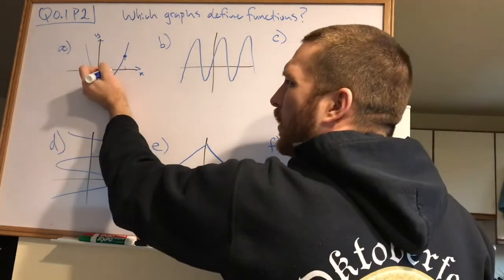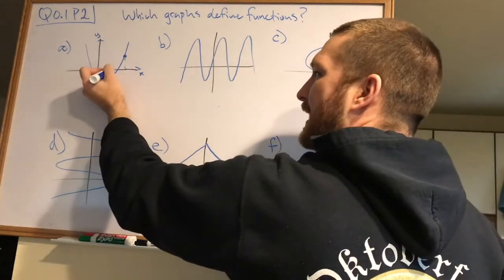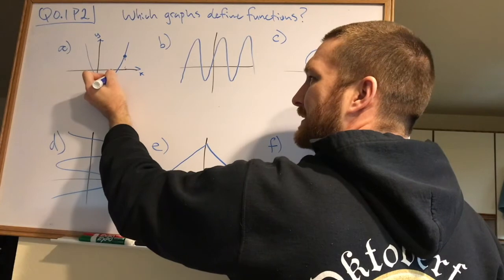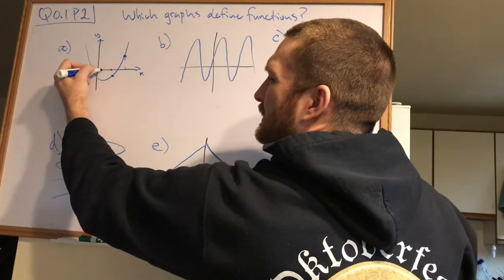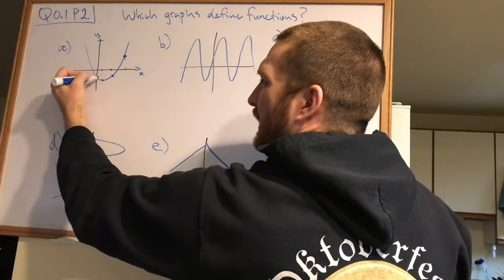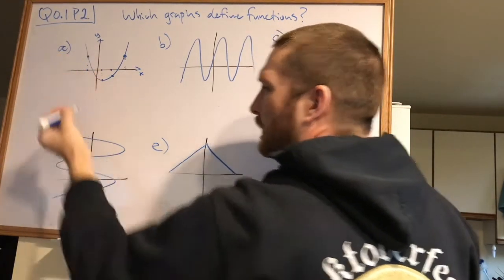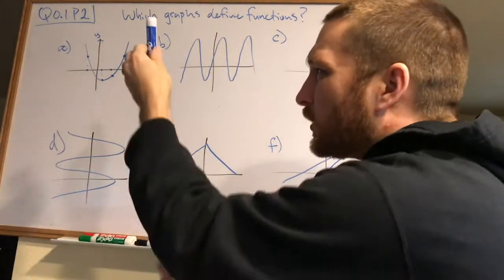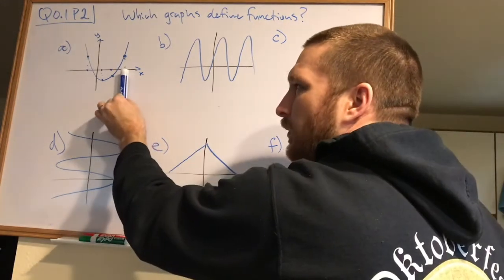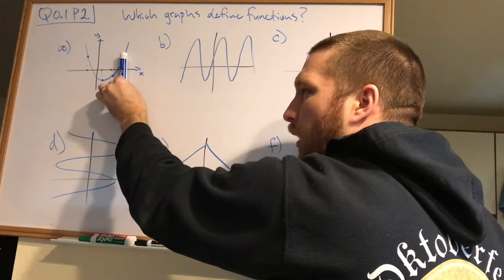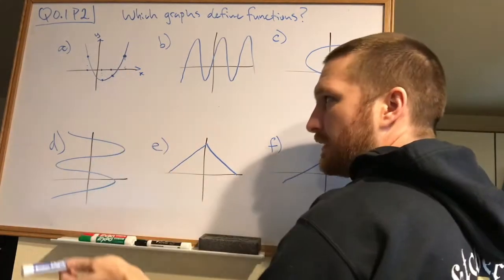A couple more. When this is my input value for x, my output value is that guy right there. Similarly, when this is my input value, that's my output value. This is my input value, that's my output value. So drawing a vertical line, in a sense, is like saying, for any one input, it only hits one time. It's like saying that there's only one output for that right there.